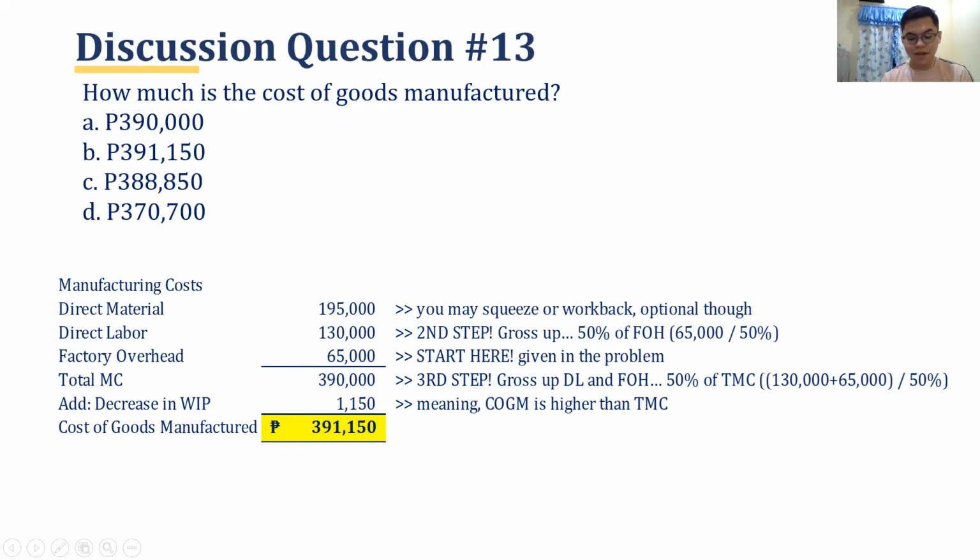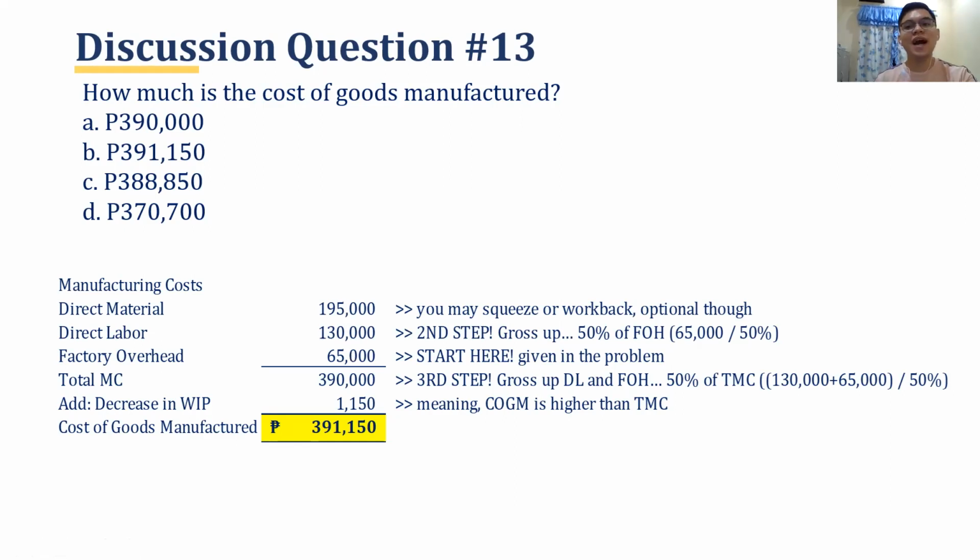Second na given, sabi doon, your factory overhead is 50% of your direct labor. So here's your second step. You get to gross up your factory overhead to get your direct labor. Kasi nga 50% siya of your direct labor. Divide mo lang siya by 50%. So the whole is 130. 65,000 divide 0.5, 130. So ibig sabihin, 130 plus 65, that's all in all your conversion costs.